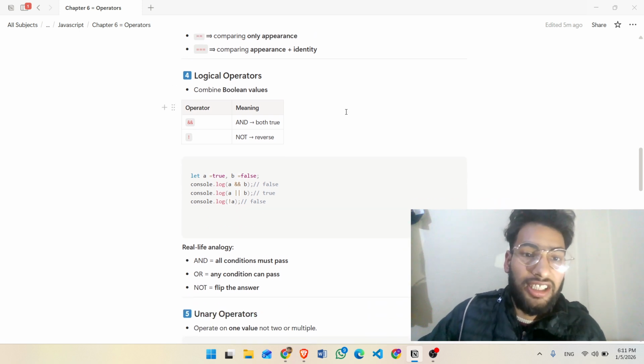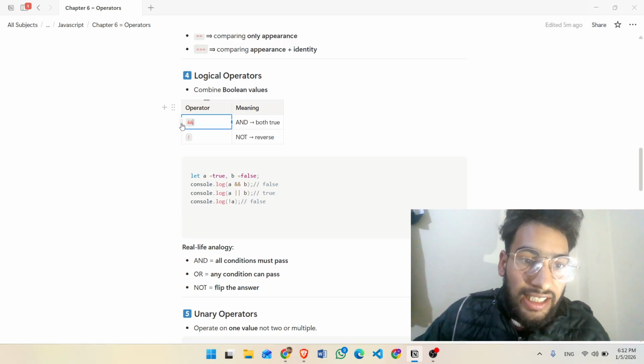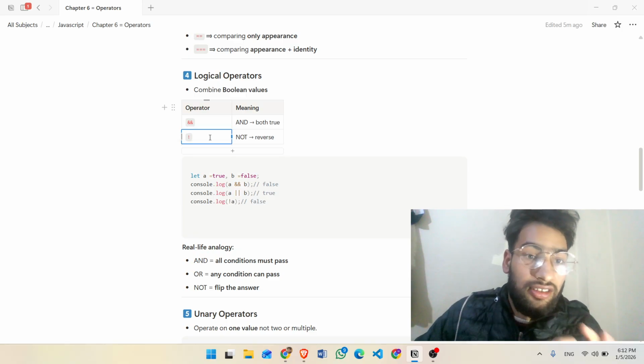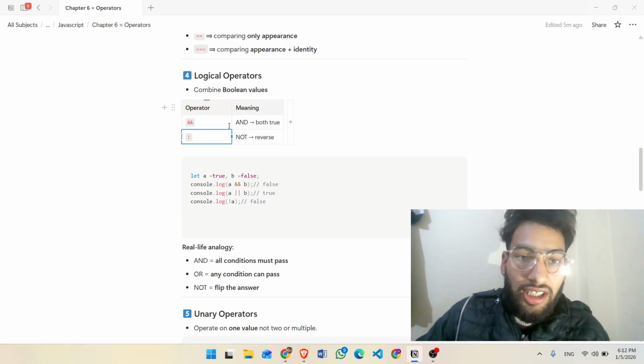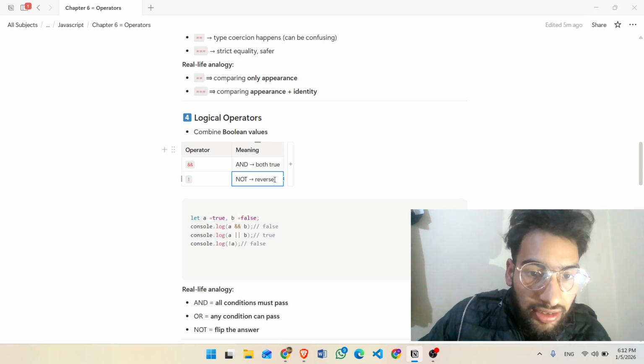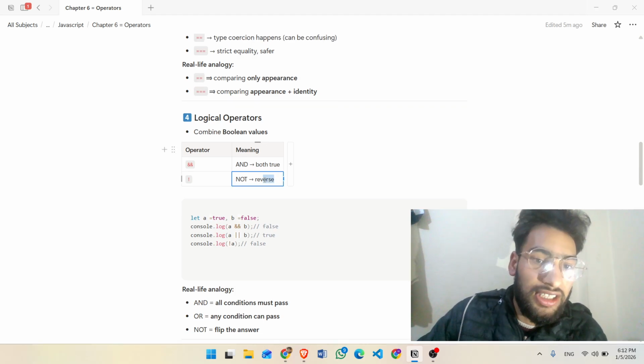Here the logical operators are and, which is ampersand, and not. Here and means both must be true, and not means reverse. If a is equal to true, then b is equal to false.